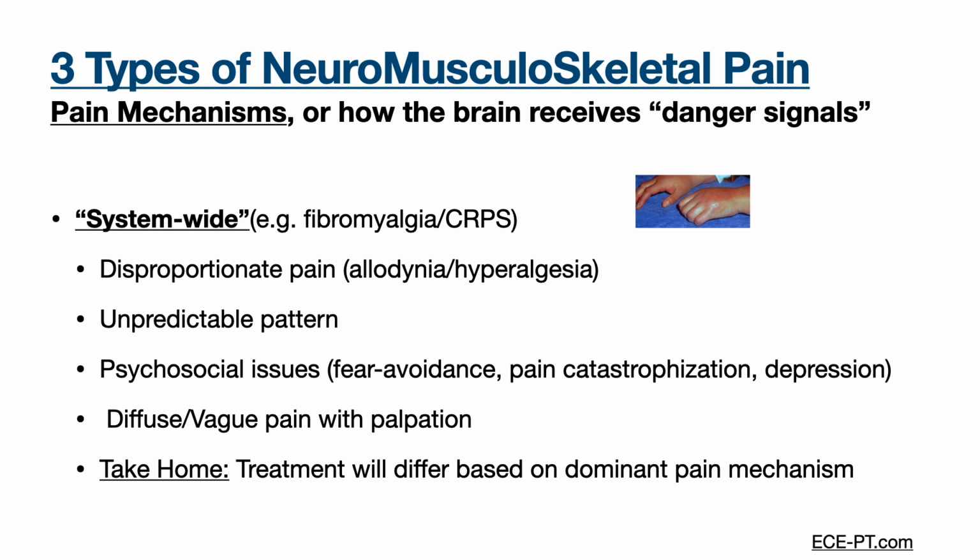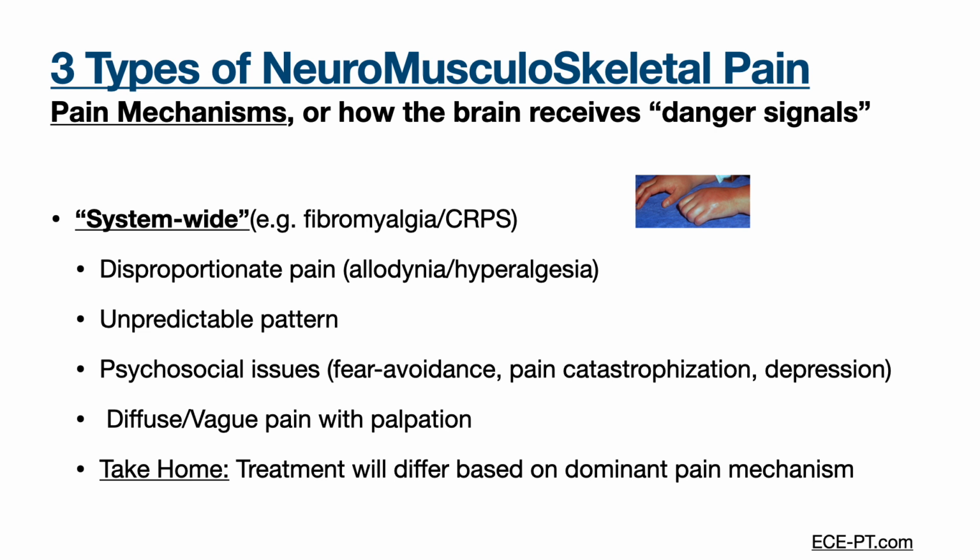Pain can't jump from left to right and right to left. But the neuroscience research shows, yes, when the system itself is sensitized, pain can travel and can go from right to left to right again. It's unpredictable. And what's often seen are what's called psychosocial issues. We'll talk a little more about them, but one of them is fear avoidance, which we've discussed already.